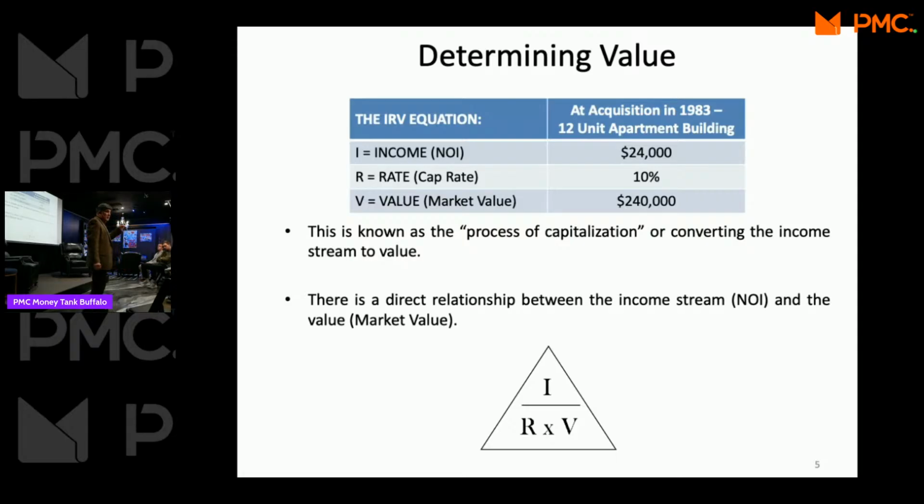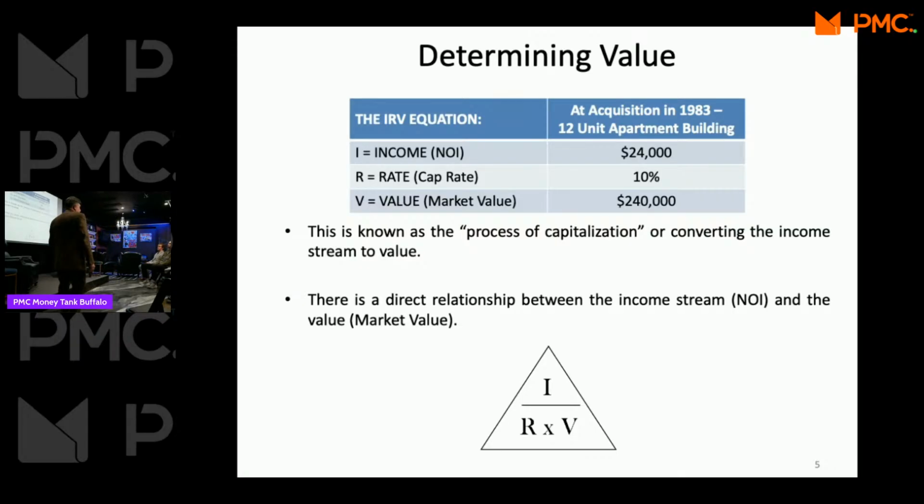You're operating your collectible income, gross operating income, and then you take all your line item expenses, and that leads you down to the net operating income. So that's the I that I'm referring to. The I represents net operating income, and that's the income stream that we convert into value. That's important when we're dealing with investment real estate.